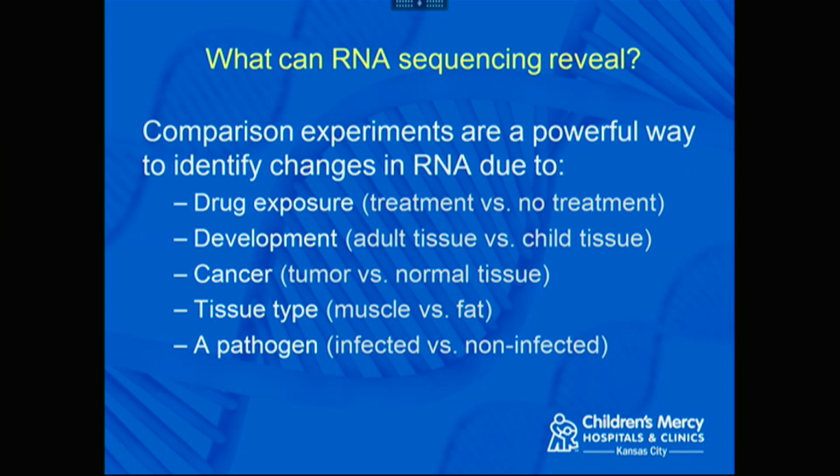You can also compare tissues over developmental time, like a child liver versus an adult liver. You can look at cancer. If you do a biopsy of a tumor, you can also do a biopsy of the nearby normal tissue and compare the two. You could look at what happens when a pathogen infects a cell, maybe infect a cell line with a virus and then compare it to the uninfected cell line.